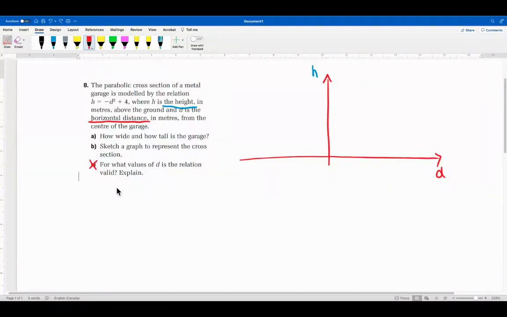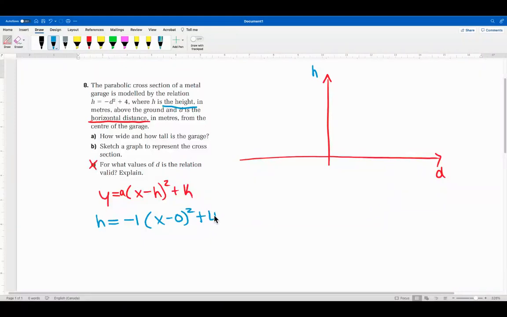You may have noticed that it's an equation that is kind of similar to vertex form. Imagine when you have vertex form, it's x minus h squared plus k with your a out front. This looks a little similar in that your a is just -1, your h is 0, and your k is 4.